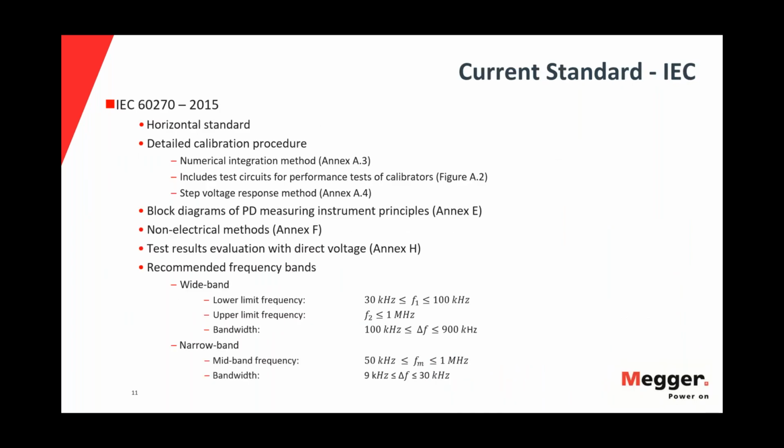The current standard, IEC 60270, in its latest version 2015, is the horizontal standard defining the testing for high voltage objects like bushings, cables, GIS switchgear, as well as instrument transformers and other types of transformers like power transformers. It defines the method of measurement using a coupling capacitor, the direct conventional method, how step response and voltage response are applied, and how calibration needs to be taken into consideration.